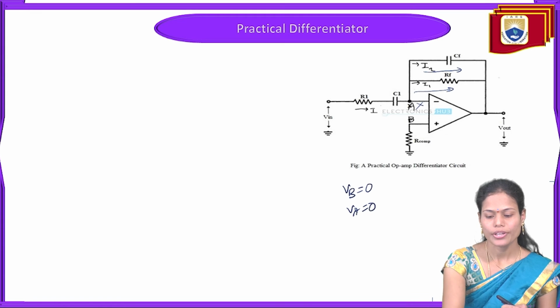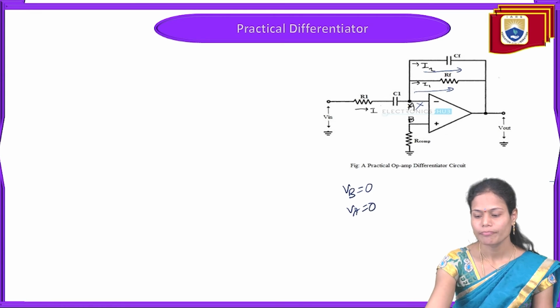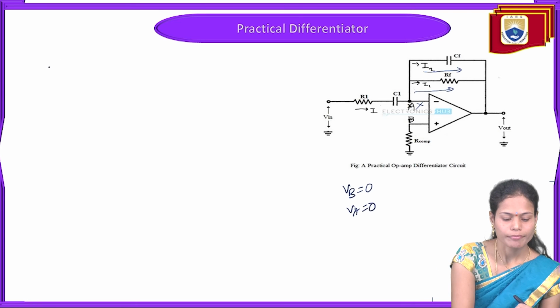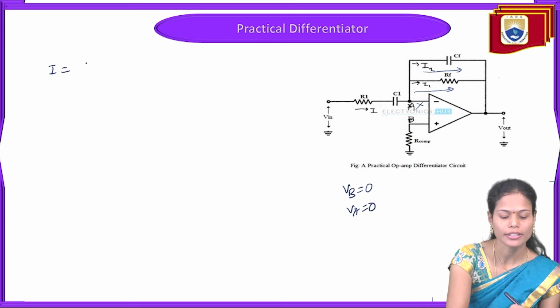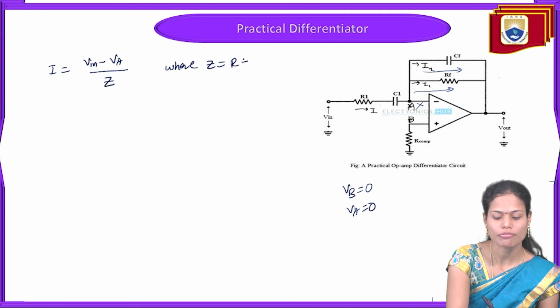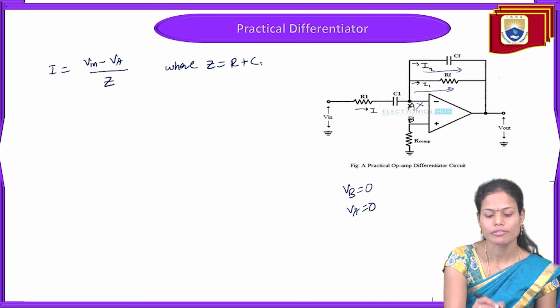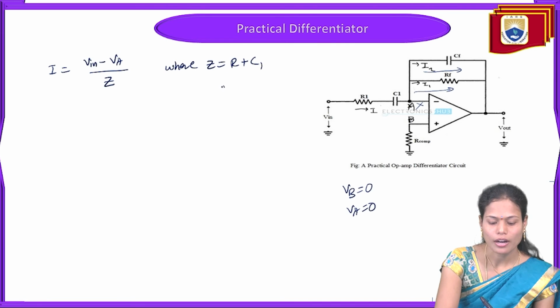So here, to find the current I, from the input side I am writing Vin minus VA divided by Z, where Z is nothing but the series combination of R1 plus C1. So we can write Z equal to R1 plus 1 by SC1.